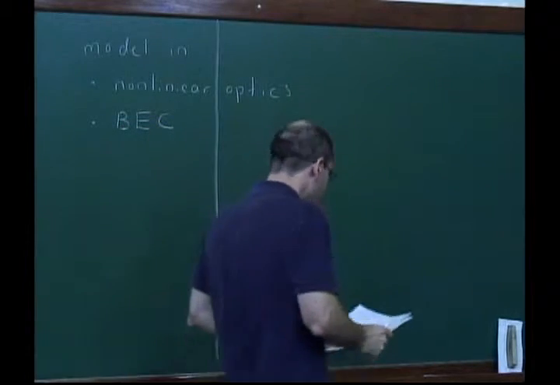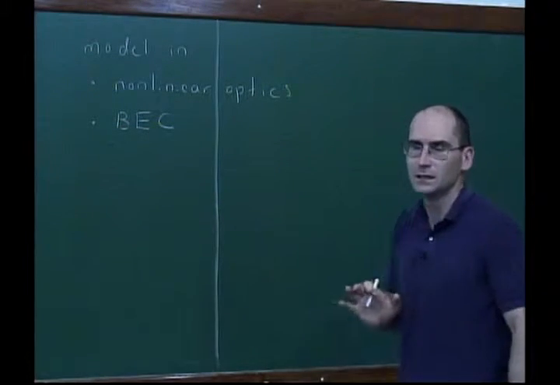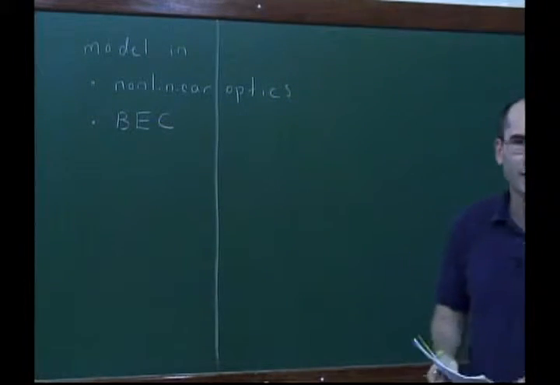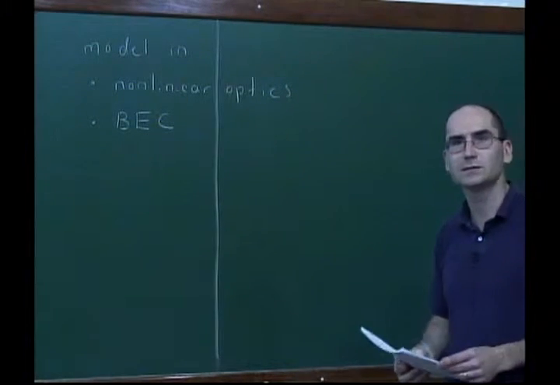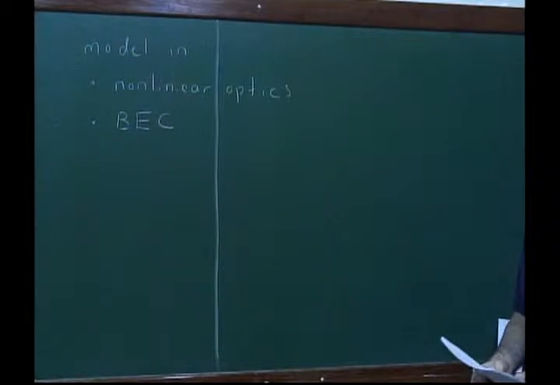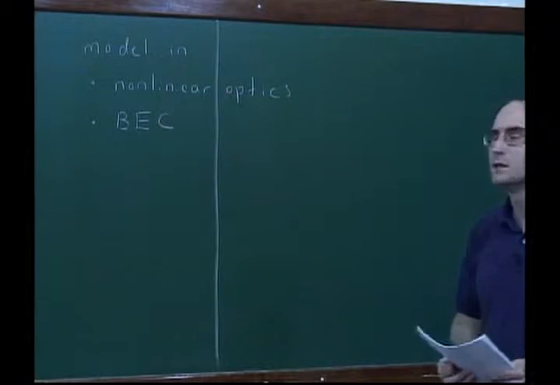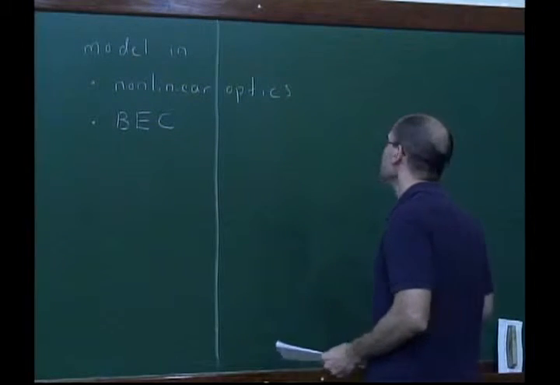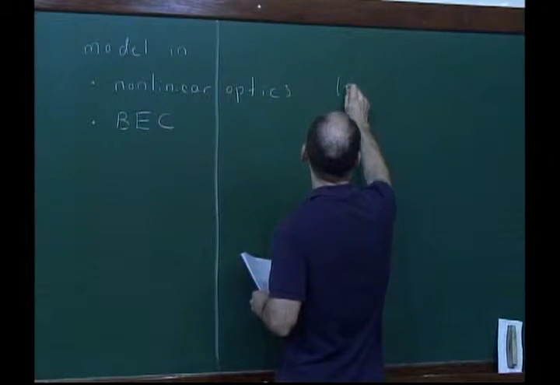In nonlinear optics, it is modeling a light beam that is moving through a Kerr medium, one in which the index of refraction depends upon the intensity of the beam. And in that case, the t in the equation is actually the z direction.